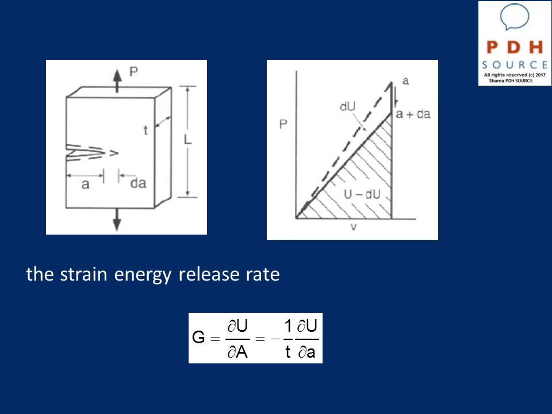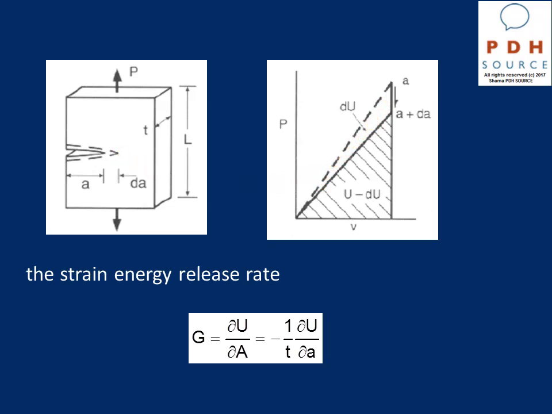And of course, this will result in reducing the strain energy by this amount, dU. So dU is basically equal to the area of this triangle. We can view this as, due to the movement of the crack, some energy is dissipated or released, and this is the energy that is released.